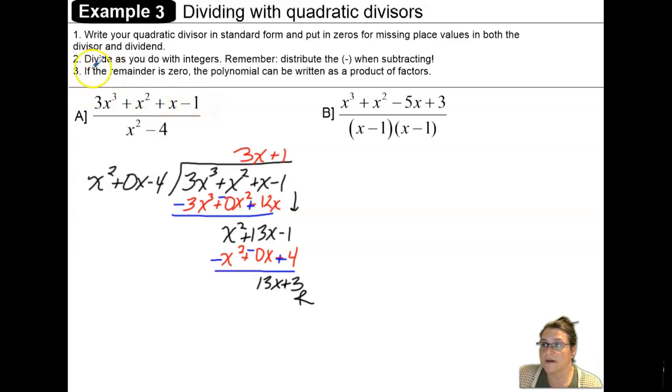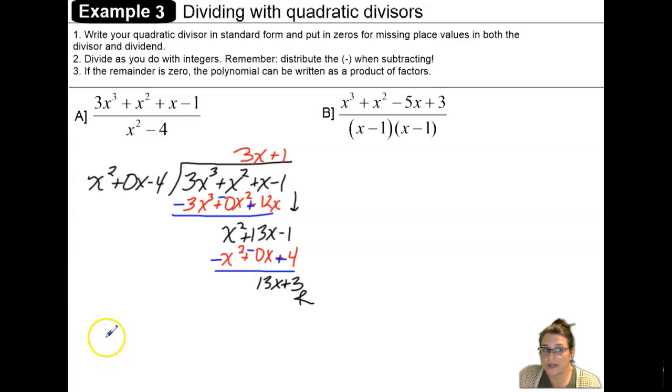Okay, so notice here in step number 3, it reminds me if the remainder is 0, the polynomial can be written as a product of factors. The remainder is not 0, so the factor theorem does not apply here, and instead I can only represent the quotient, which would be my solution.